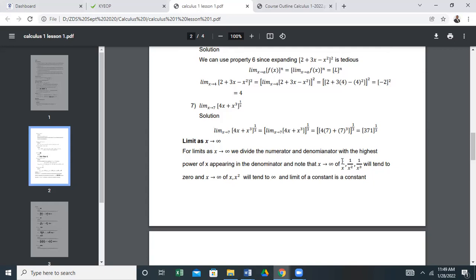So if I have 1 over x squared, it will be 1 over 1 million, 1 over 1 zillion, and on and on. In other words, this will be tending to 0 as our x is tending to infinity.